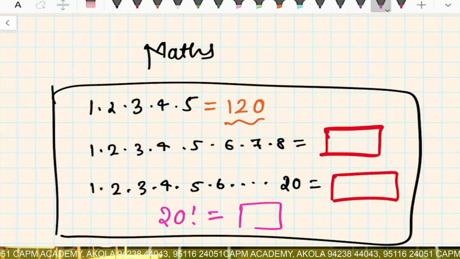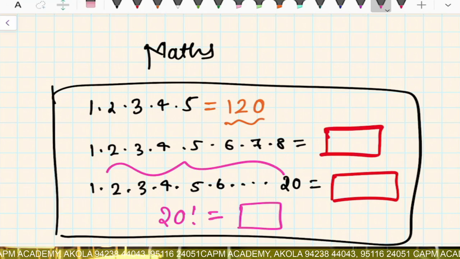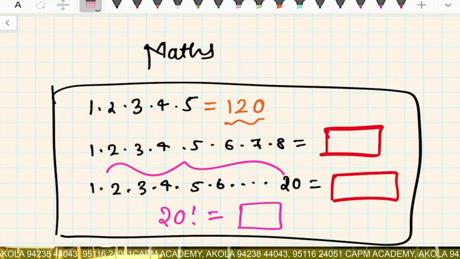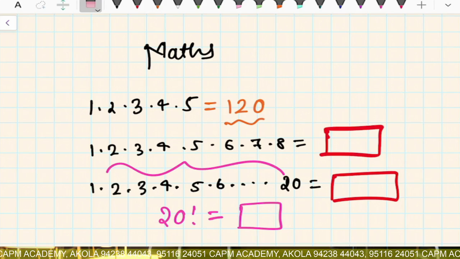I don't have to write this entire stuff, 1 into 2 into 3 up to 20. I just have to write 20 exclamatory mark and I'm done. So there it is, maths. You always fear maths, but do not fear when I'm here.